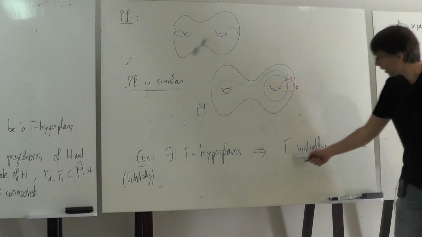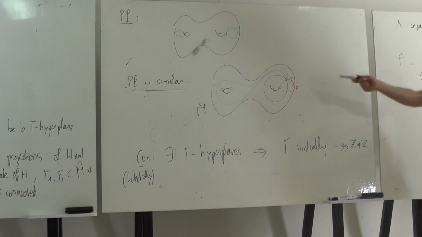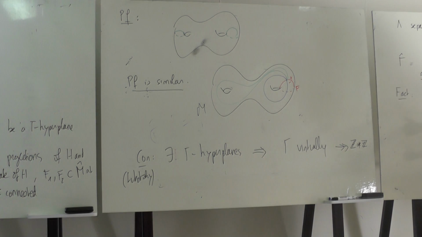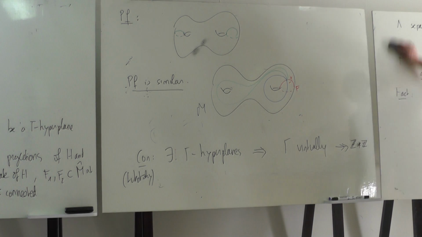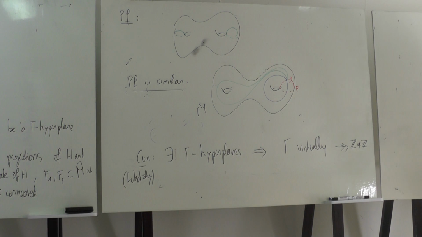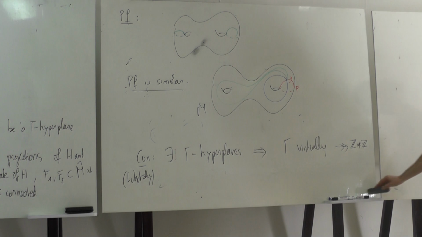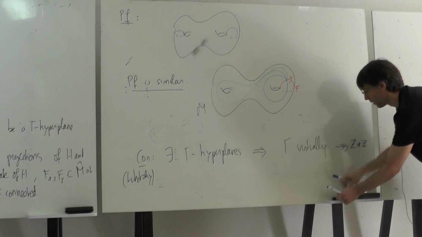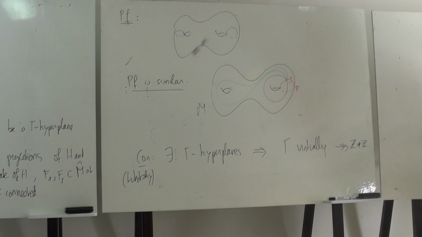But how can you see that from the construction? If you have two non-separating hypersurfaces in your manifold, you have some kind of picture like that. You have your two non-separating hypersurfaces, F1 and F2.